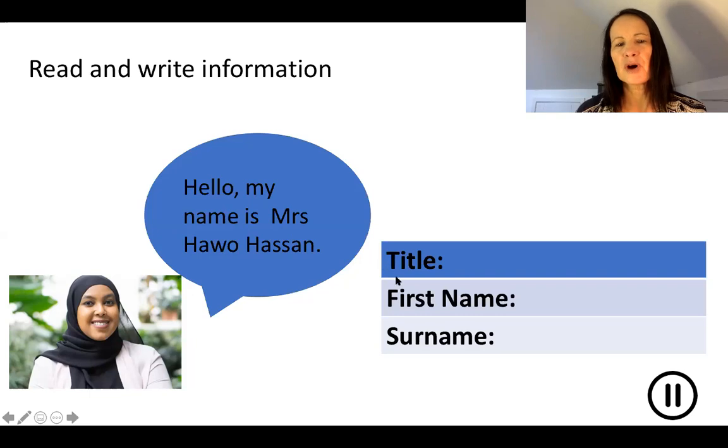Now, if we look at the box here, we can see some words. These words you will find on a form. First word is title. This is talking about if somebody is married or single or perhaps divorced. It's the title of the person. And then these words, first name.